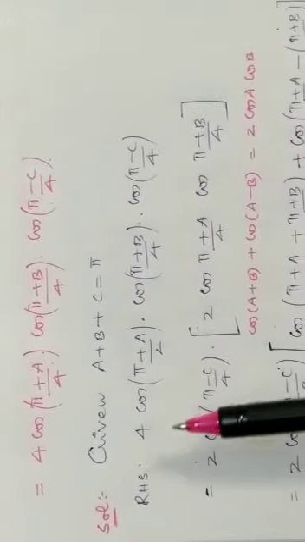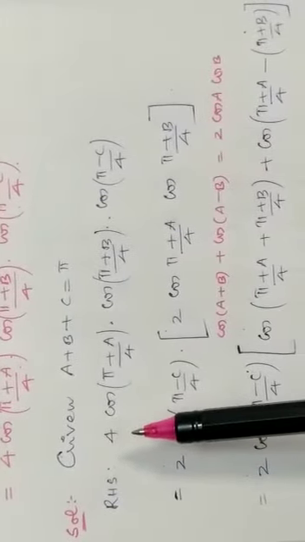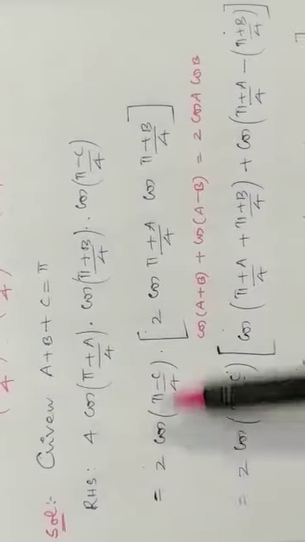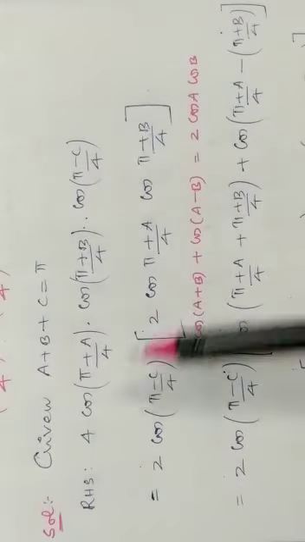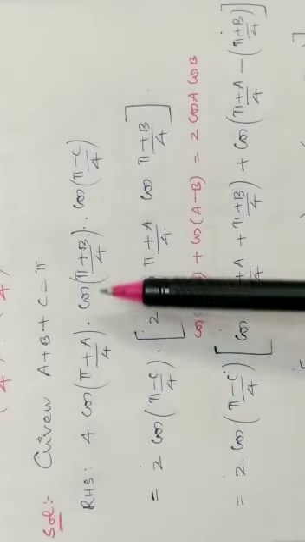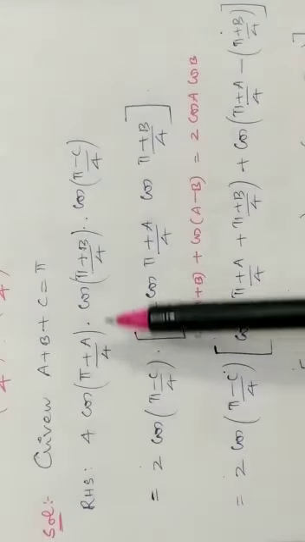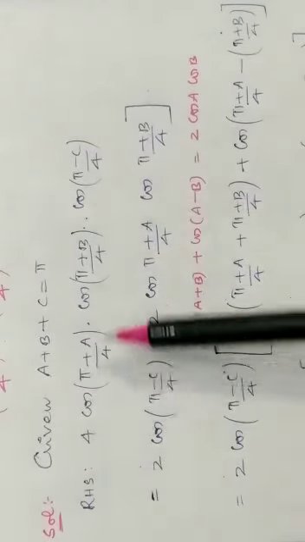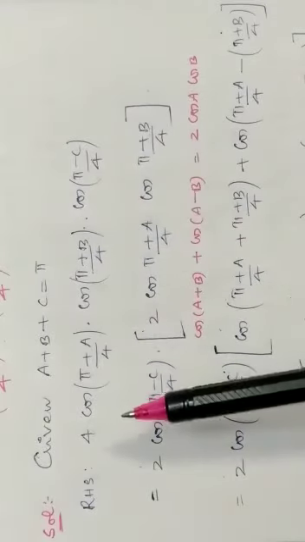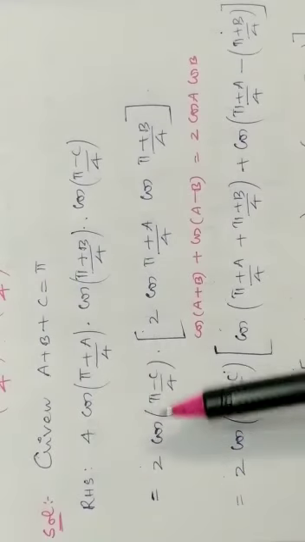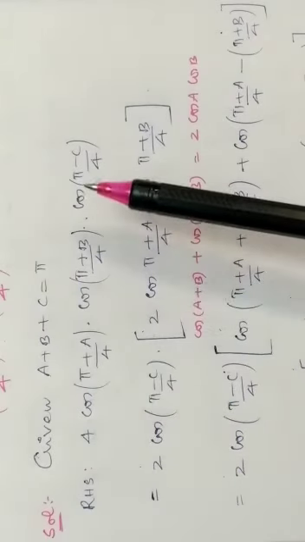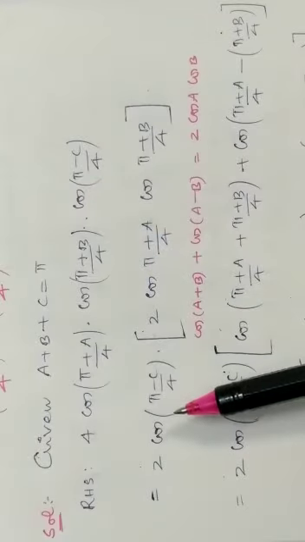Now, this 4 is split as 2 into 2. All these are in multiplication. I have written 4 as 2 into 2 and the C term separately.